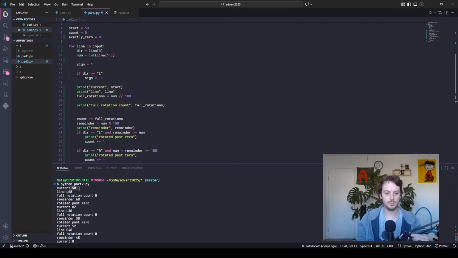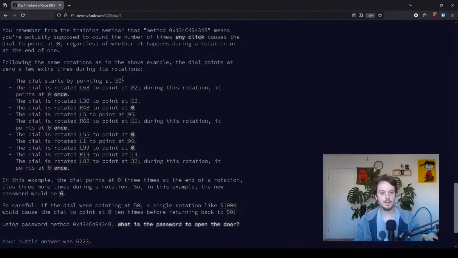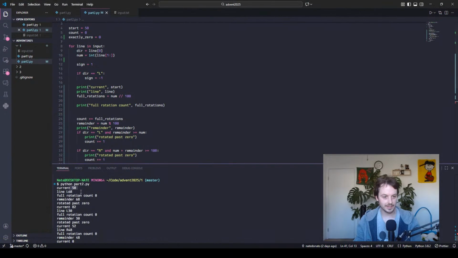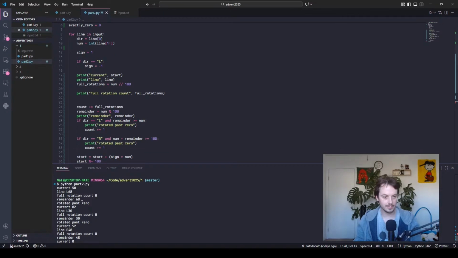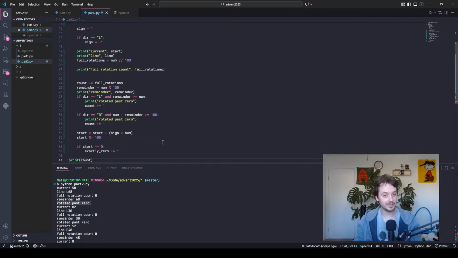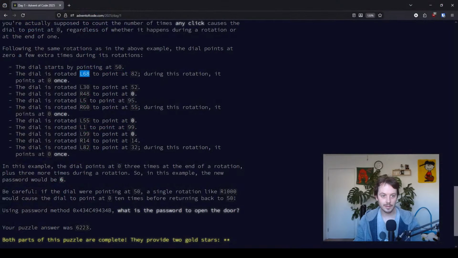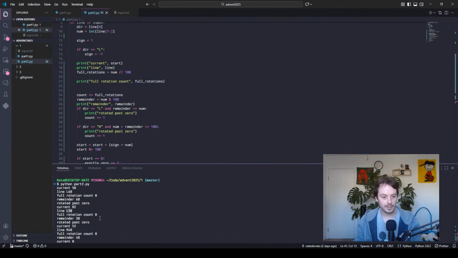Okay, so we start at 50, go left 68, full rotation, count 0. We did rotate past 0. Now we're at 82. Line 30.